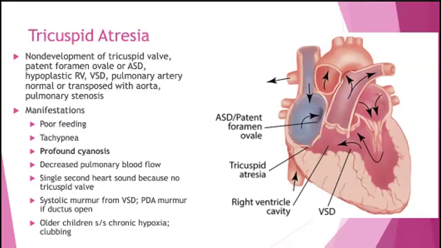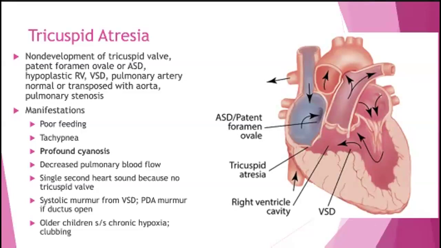Your clinical manifestations, again, this is going to be a blue baby at birth, so cyanosis at birth, tachypnea, respiratory distress, poor feeding, fatigue, failure to thrive, clubbing of the fingers and toes if it's a little bit older infant, and a heart murmur. Complications if untreated: severe chronic hypoxemia and polycythemia.